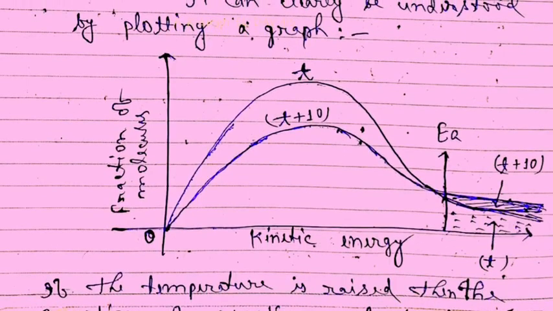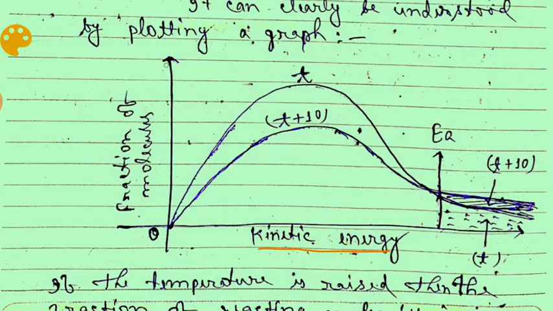Again, the graph is seen here. What is the graph? Is it clear? On the x-axis, there is kinetic energy. On the y-axis, there is fraction of molecules, because if temperature is raised, then the fraction of molecules is increased.